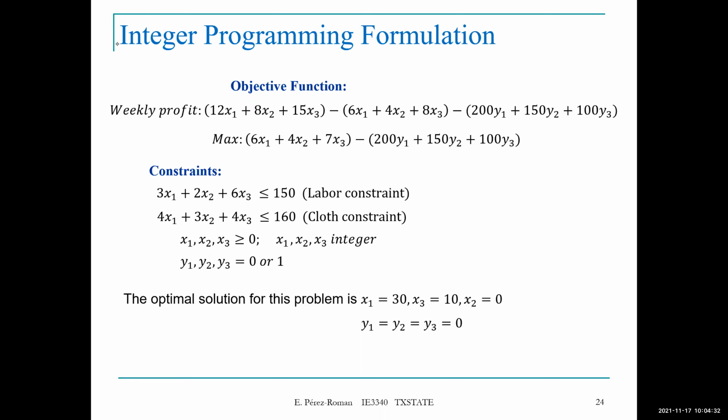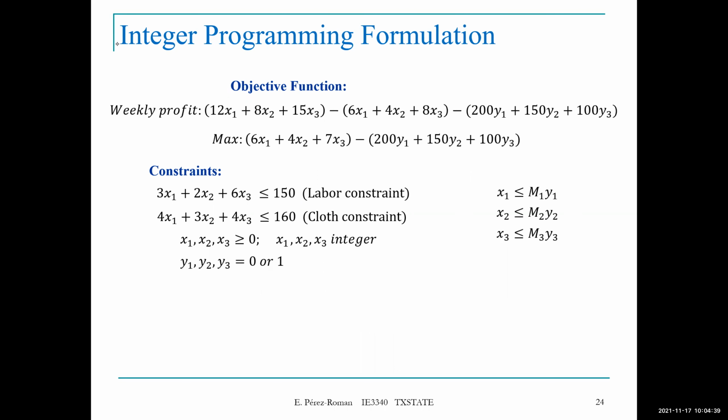And I think this is just a modeling trick. So now we're going to add these constraints here that are connecting our X decision variables with the Y. And we have a very big number for each one of these constraints, and we are modeling this big number with M. Remember, Y1, Y2, and Y3, those are binary variables.